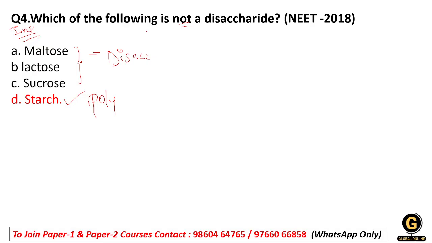Now, do you know what a disaccharide is? Yes, when two monosaccharides combine together, a disaccharide is formed. Disaccharide is made up of two monosaccharides, right? And polysaccharides? When many saccharides come together, they form a polysaccharide and they are linked with a glycosidic bond. What are they linked by? By a glycosidic bond. Yes. So this question was asked in the year 2018.